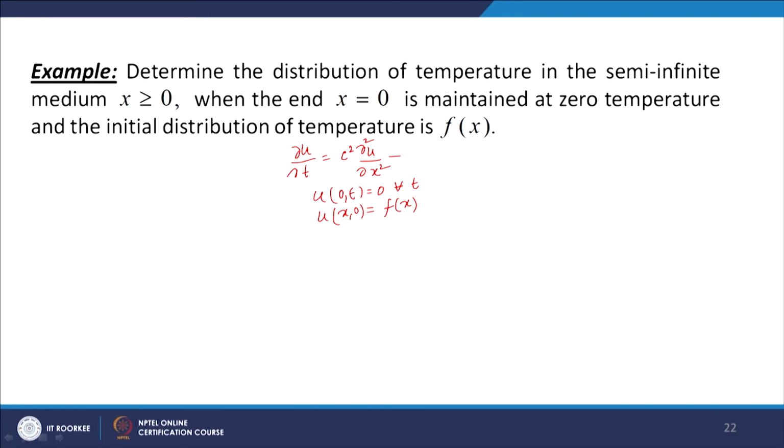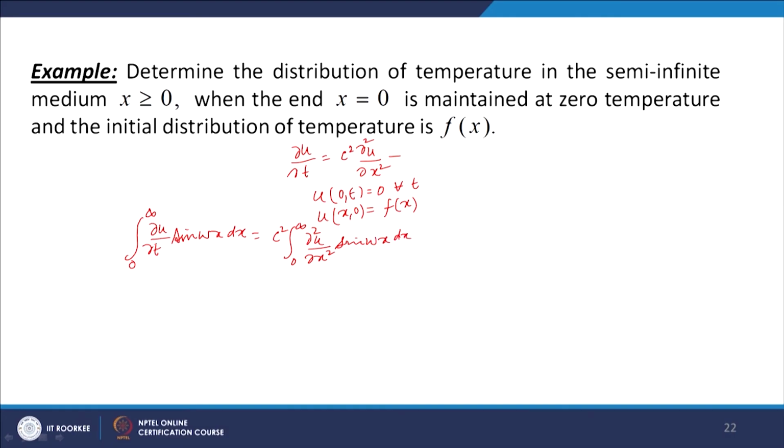Taking the Fourier sine transform means you multiply both sides with sin omega x and then integrate with respect to x. So, integral over 0 to infinity of del u by del t into sin omega x dx. The right side will be c square times the integral over 0 to infinity of del square u by del x square sin omega x dx.